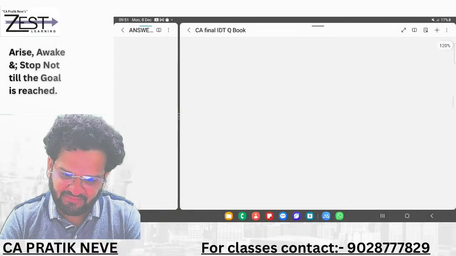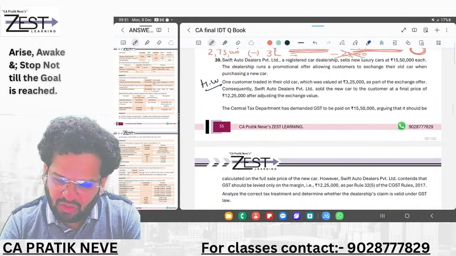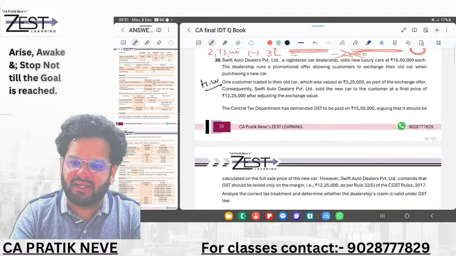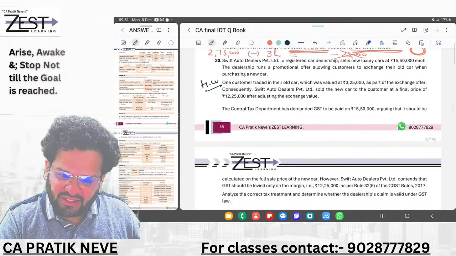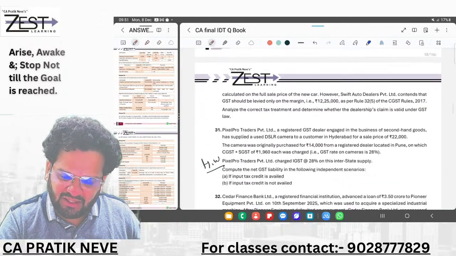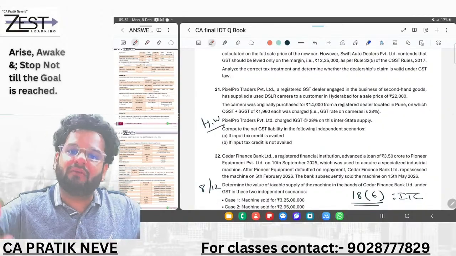Okay. Now you will be able to understand, as you go ahead, that in the next question they have asked that ITC can be availed. If ITC can be availed, do normal valuation.